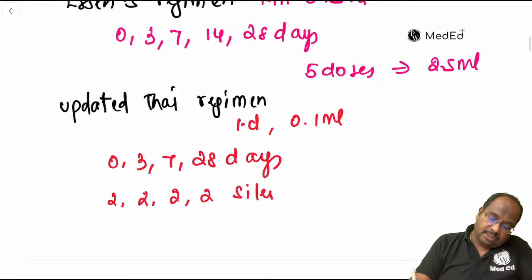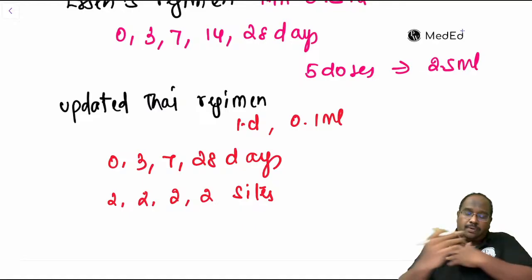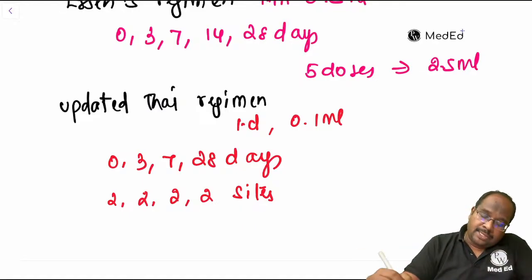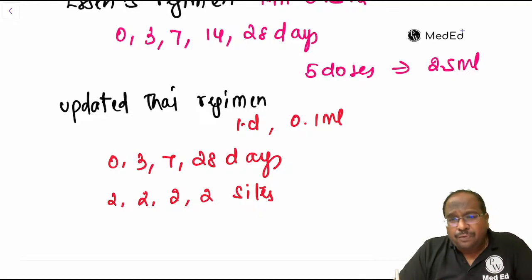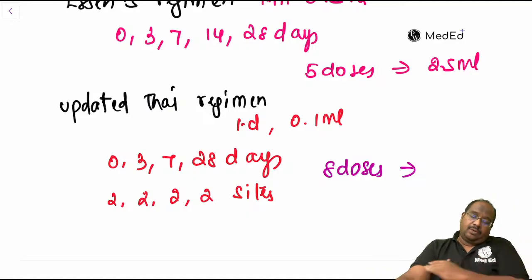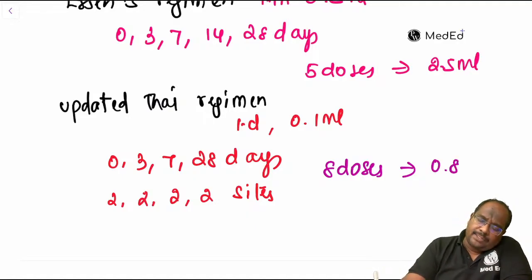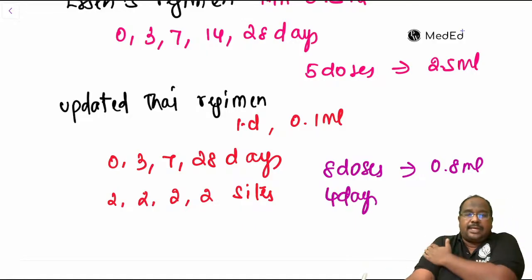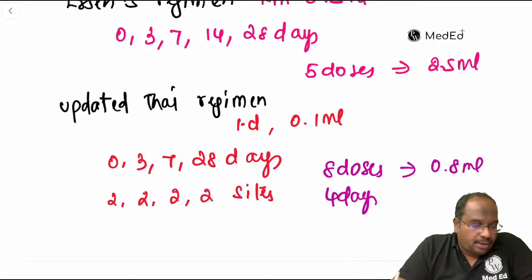So 4 days, 8 doses in total, and totally it is 0.8 ml. Intradermally you are going to provide this.